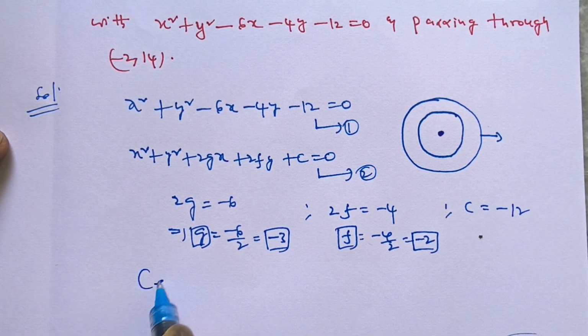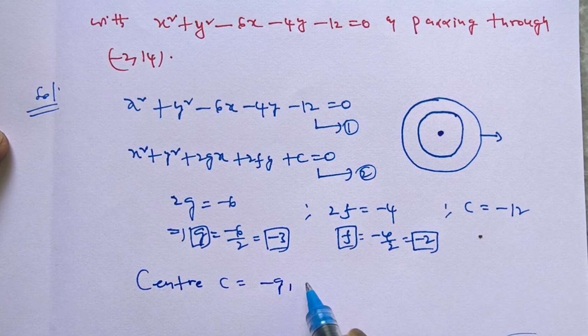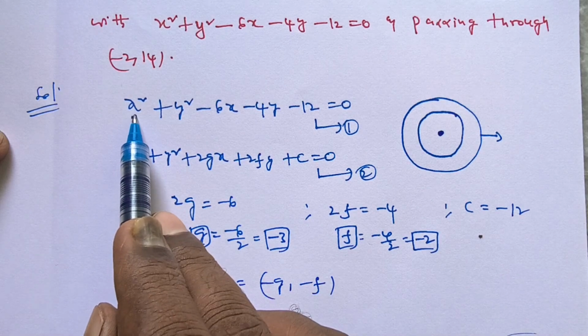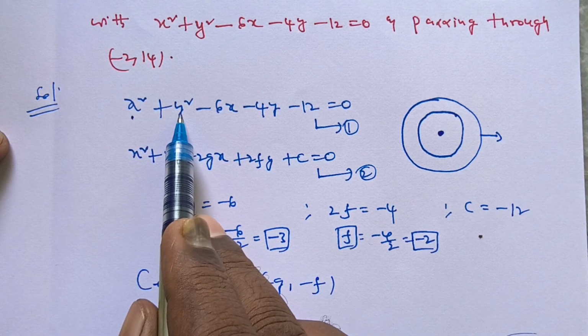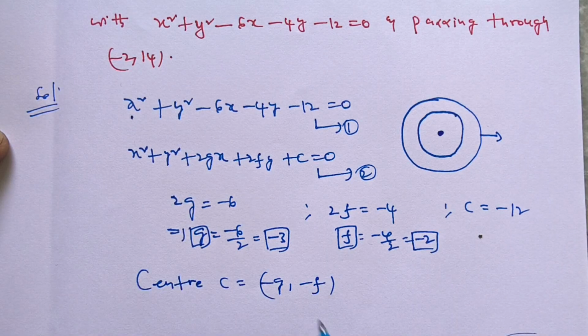Now center, what is the center formula? C equals to minus g comma minus f, because here the coefficient of x square and the coefficient of y square are the same, that is 1. That's why the center formula is like this.